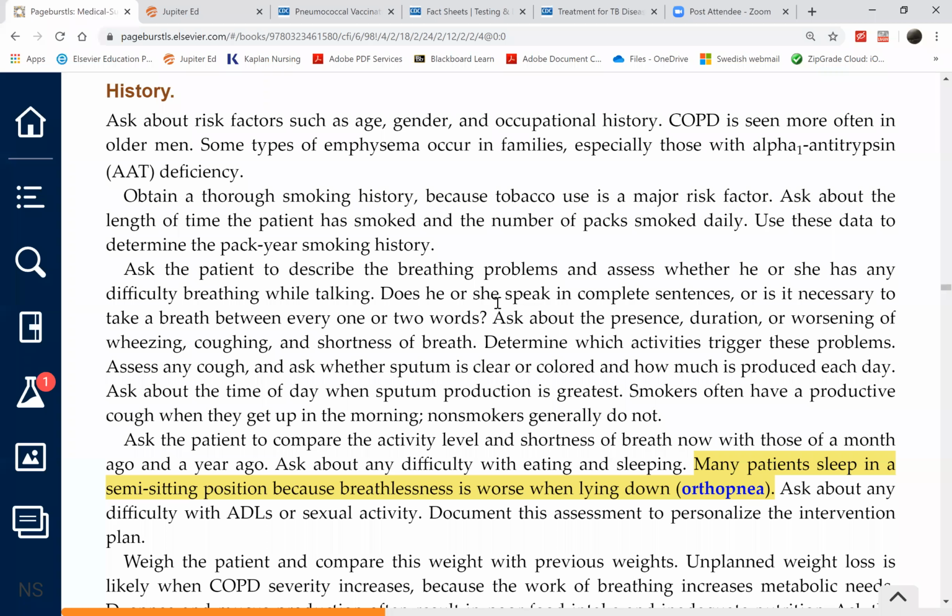Okay, but if the shortness of breath is getting worse, then that means they can now be talking in every 1 to 2 words, meaning they have to catch their breath, and that's quite serious already. Okay, they can't finish an entire sentence, and they have to pause in order to breathe, to catch their breath. So that's obviously a sign of an exacerbation.